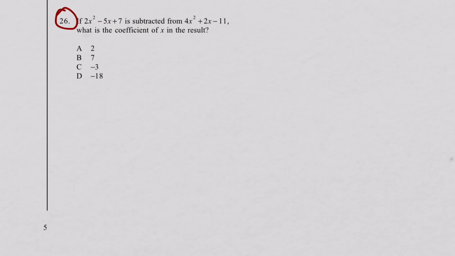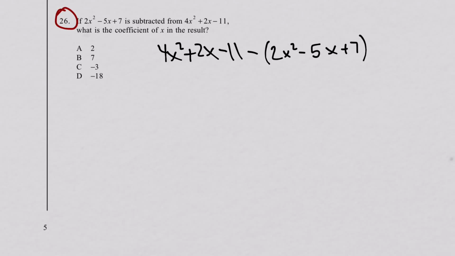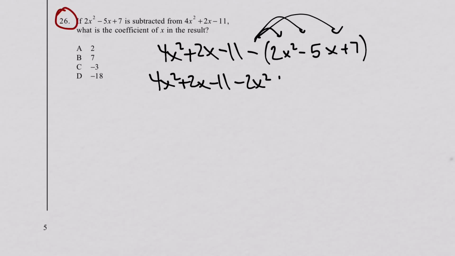Okay, so you basically are going to have 4x squared plus 2x minus 11 minus 2x squared minus 5x plus 7. You're doing that subtraction. And this minus, remember, in front of parentheses, you need to distribute it. So it's going to be 4x squared plus 2x minus 11 minus 2x squared plus 5x minus 7.